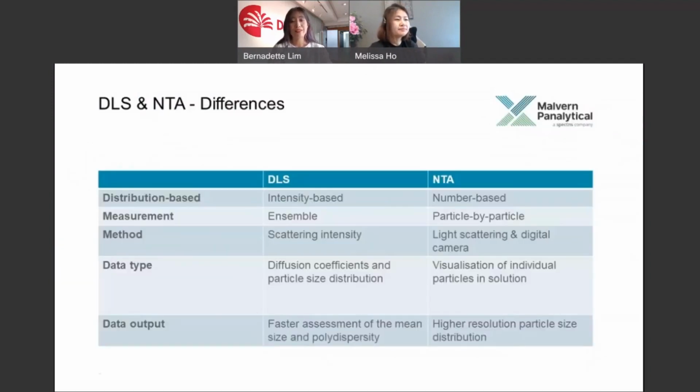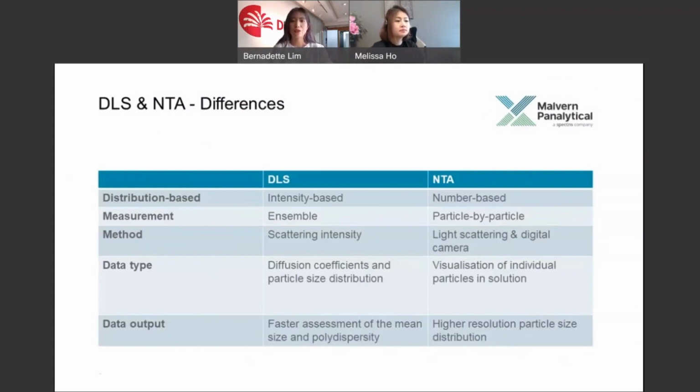Yes, obviously DLS and NTA are very similar techniques in terms of they make use of Brownian motion, but they obviously have a lot of differences in terms of their methodology. So DLS is more intensity based and NTA is more number based.